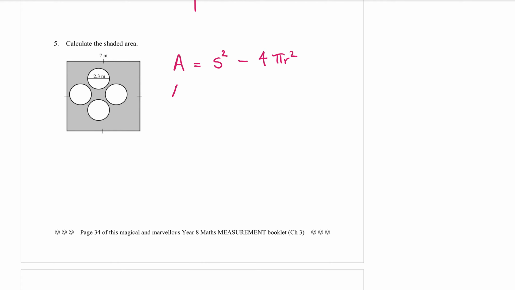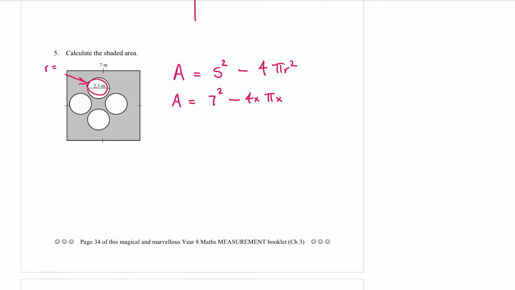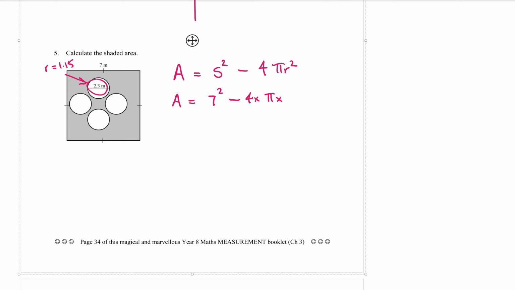Okay, let's substitute into that. Now, the side of the square is 7 meters, so that will be 7 squared. Take away 4 lots of pi times the radius. Now, be careful here, that 2.3 is a diameter, so we need to go 2.3 divided by 2. So the radius is 1.15. So put that in the formula.